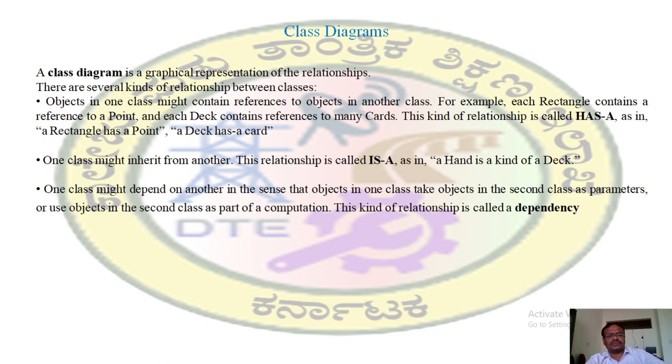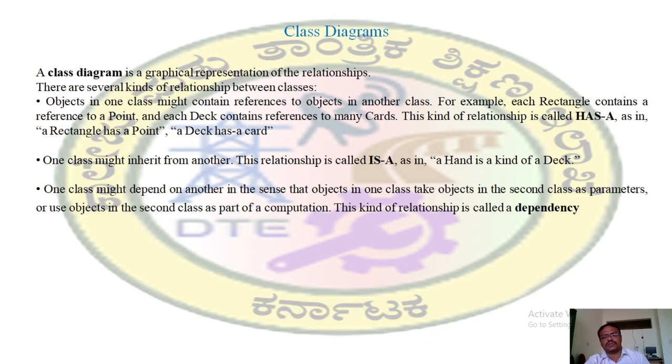Objects in one class might contain references to objects in another class. For example, each rectangle contains a reference to a point, and each deck references many cards.